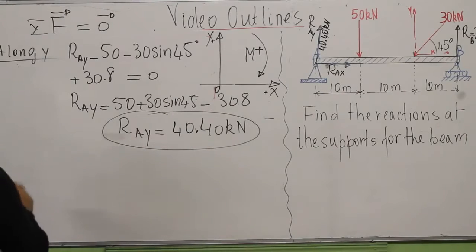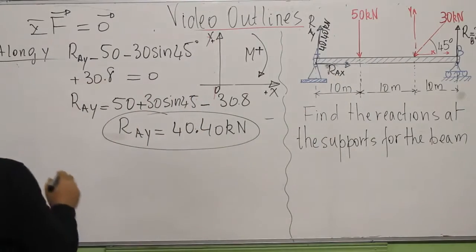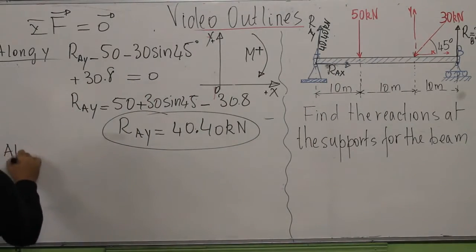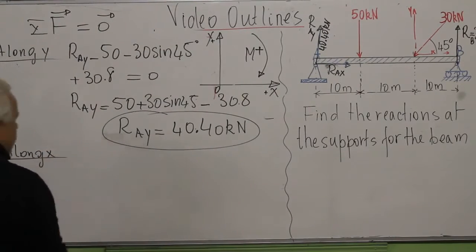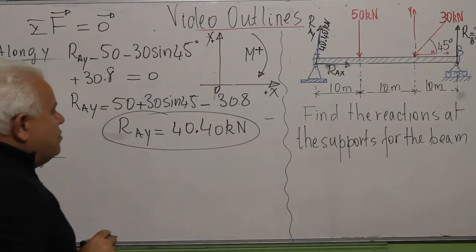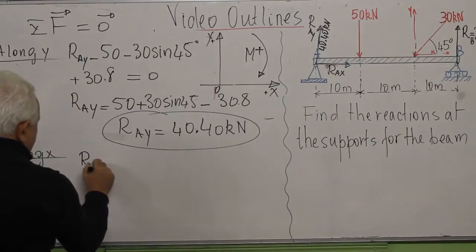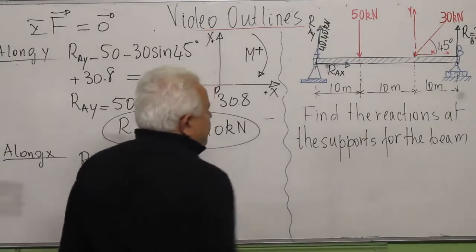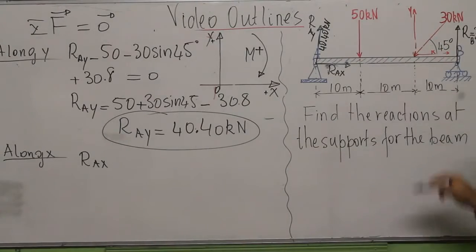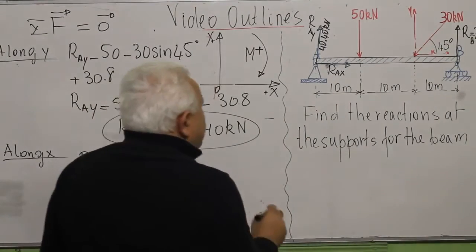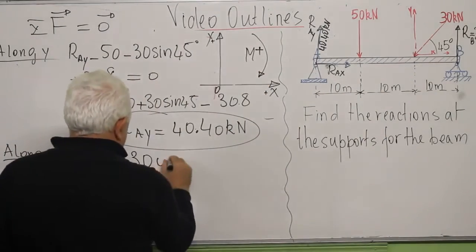The same thing now, because I need to find the horizontal component of R at A, I have to project this relation along X. So along X, what I have is RAX going to the right direction, and this 30 kilonewtons is going to the left, so I have to put minus 30, and this time cosine 45.